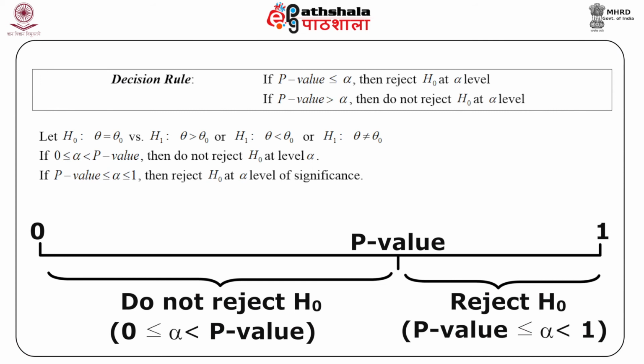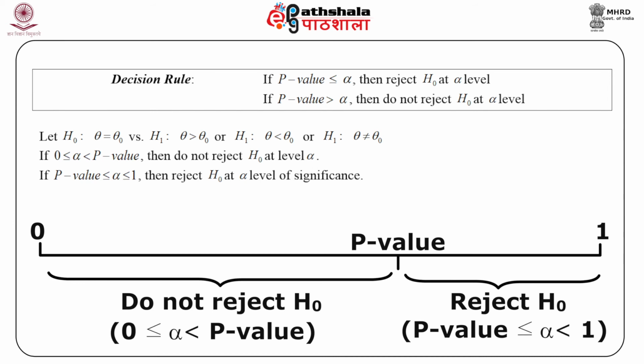Now, the decision rule could be that if p-value is less than or equal to alpha, then reject null hypothesis H0 at alpha level. If p-value is greater than alpha, then do not reject null hypothesis H0 at alpha level. So, let H0 be theta equal to theta 0 versus alternative hypothesis H1, which is theta greater than theta 0, or H1 could be theta less than theta 0, or H1 theta not equal to theta 0.